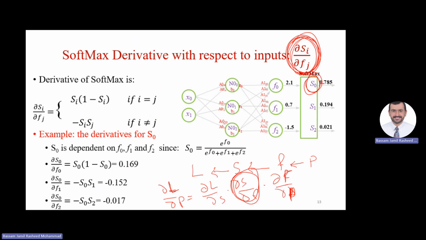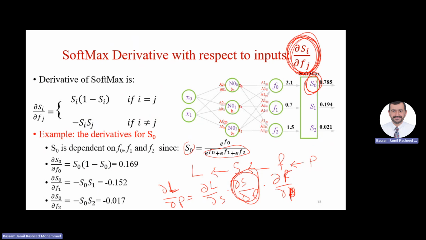F0 alone? No, it's dependent on F0 and F1 and F2. Why? Because to compute S0, look at this denominator. It has all the F's, right? So every S of those is dependent on its corresponding F and all the F's. That's making life harder, right?